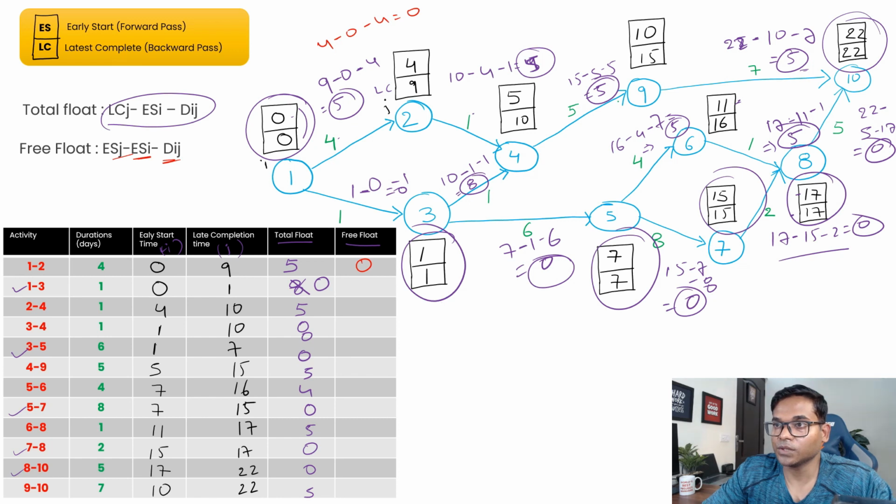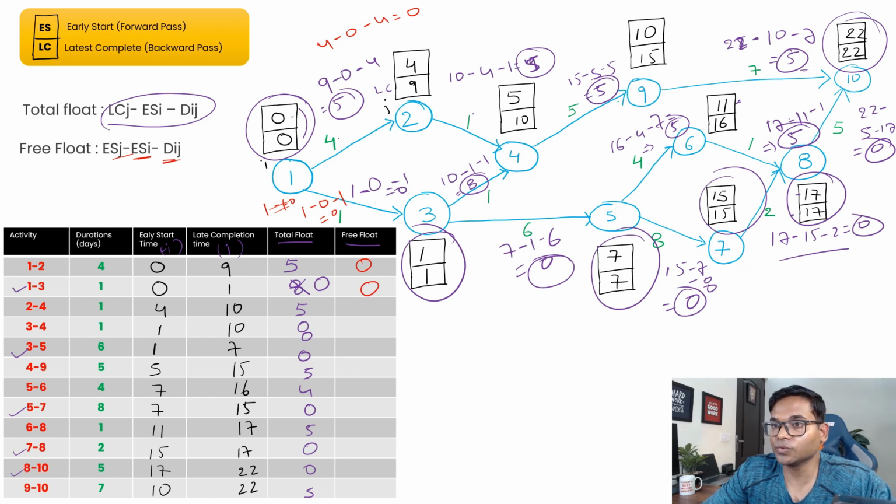Then for 1 to 2, let's calculate this one, again 1 and then 0. Sorry, 1 minus 0 minus 1 equals 0, right? So this will be your 0.